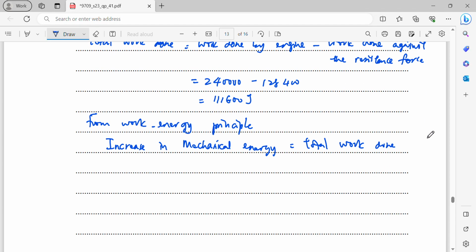Okay, so increase in mechanical energy is basically increase in kinetic energy plus increase in potential energy.